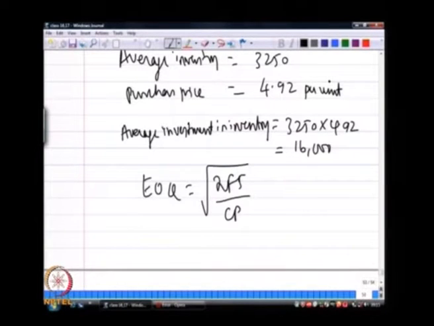Let us say the sales, which is 26,000 now, increases to 52,000, a 100% increase in sales.